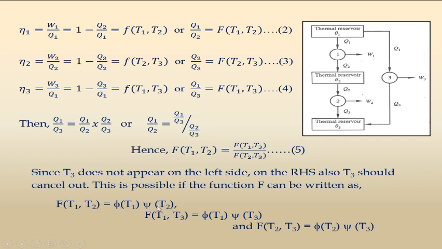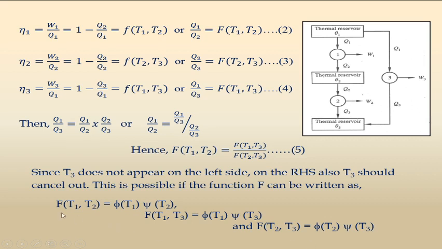I am just going to separate them into two terms, a function of two other functions like this. So this one is a function of temperature T1, this one is a function of temperature T2. In the same fashion, f of T1 and T3 can be written as phi of T1 and psi of T3, and f of T2 T3 can be written as phi of T2 and psi of T3.